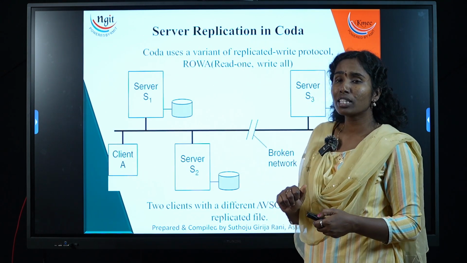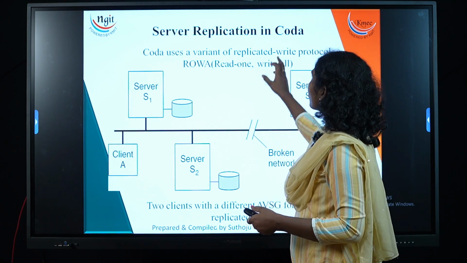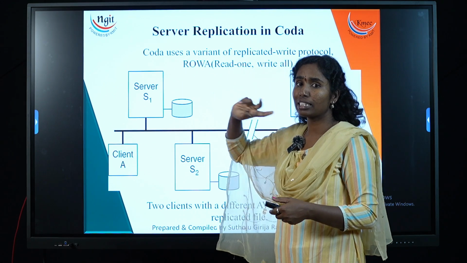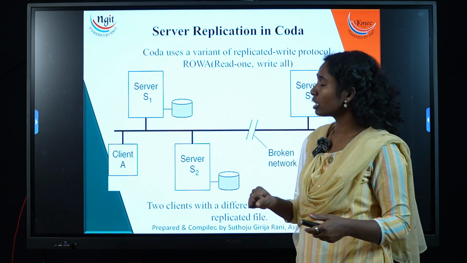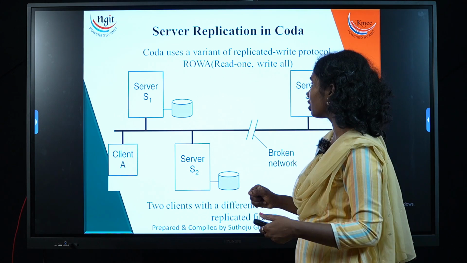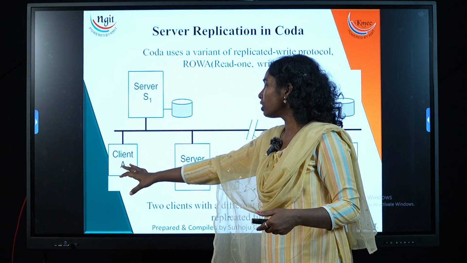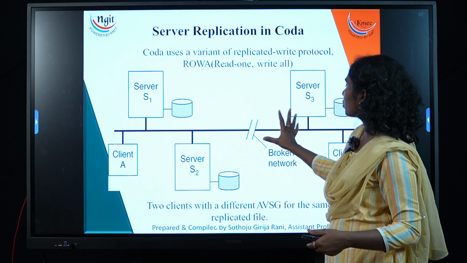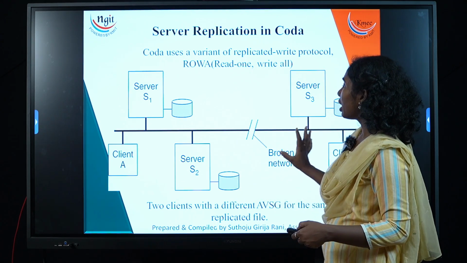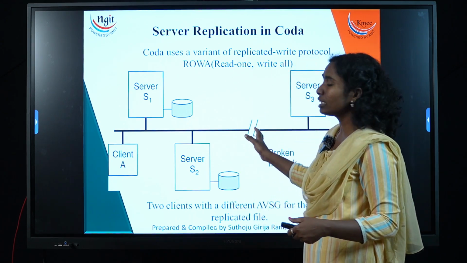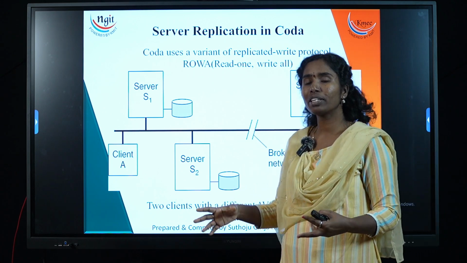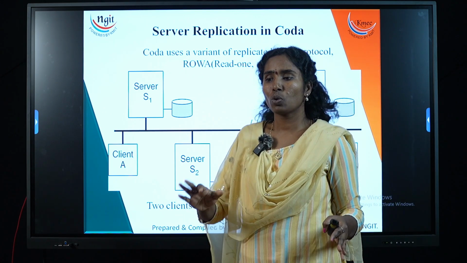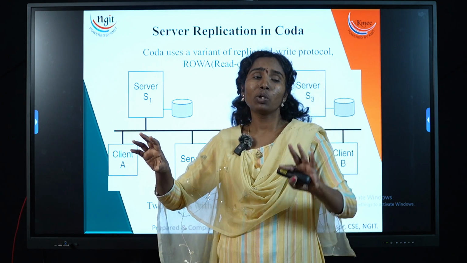Now come to the server replication in CODA. As I said in the introduction itself, why do we need replication of a server? See, server 1, server 2, so there are n number of servers, right? If any server crashed, or any breakage happens in the network, one side of the network will lose the content of the other side.